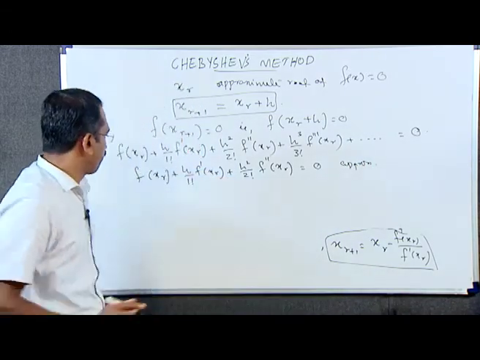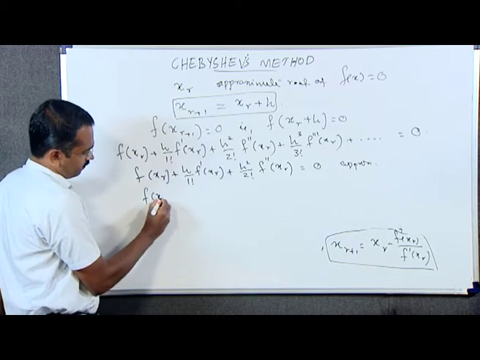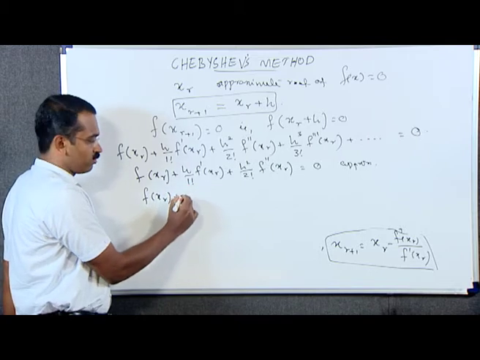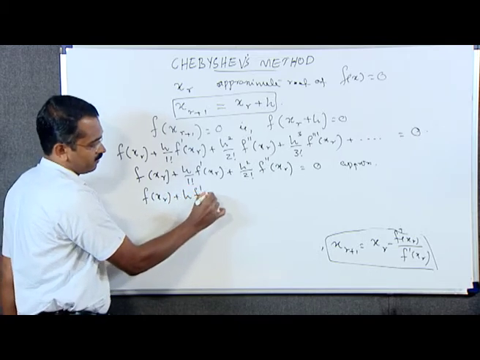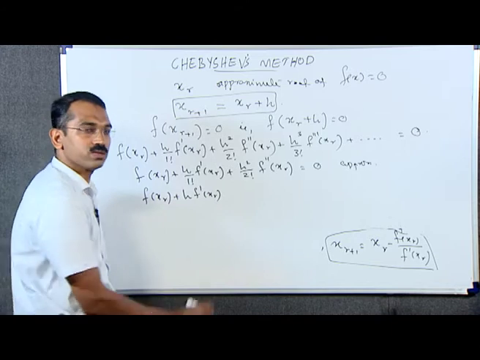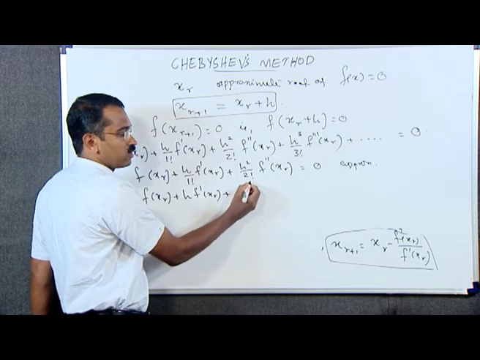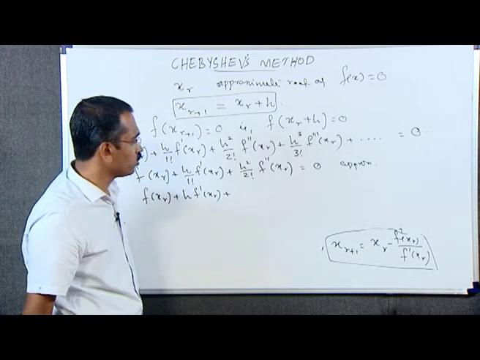That is f(x_r) + h f'(x_r) + h²/2 f''(x_r) = 0, where 1 factorial means 1 and 2 factorial means 2.